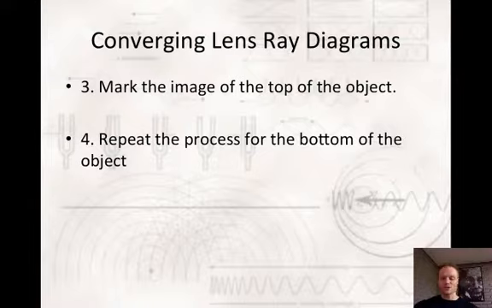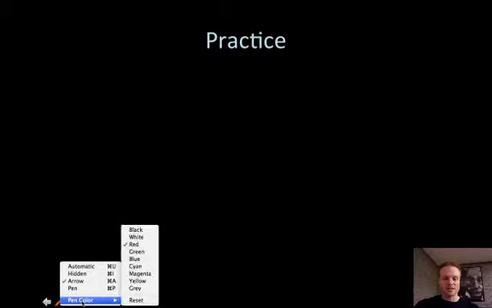So let's do a little practice here, and this will give you an idea of the 3 rules of drawing refracted rays from a lens. Let me just pick an exciting pen color. Let's go with green. All right, so again, just a quick refresher.